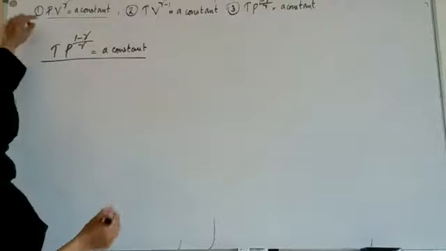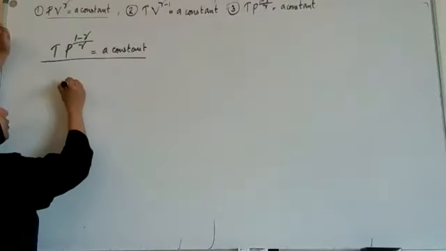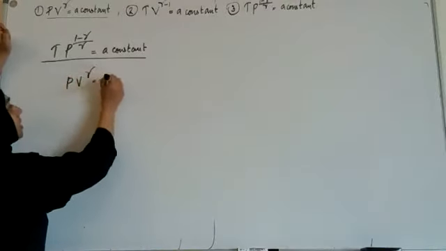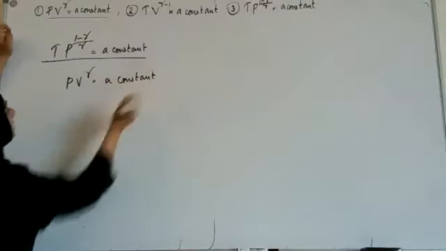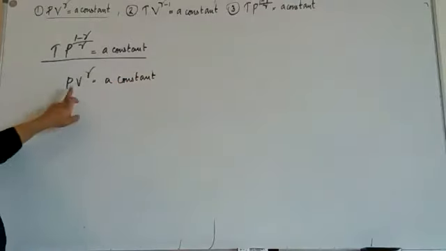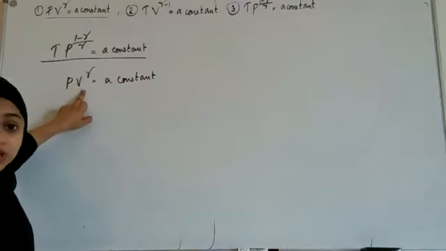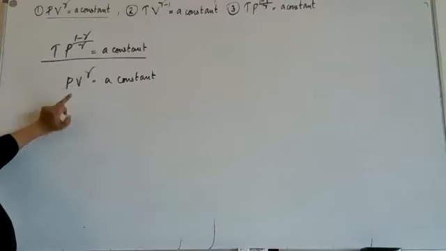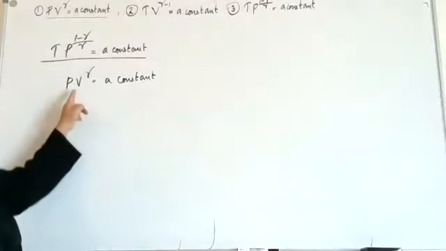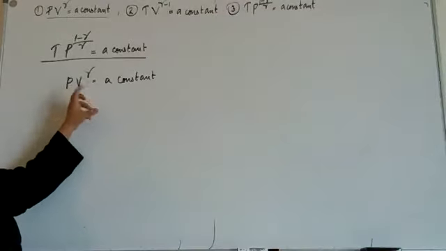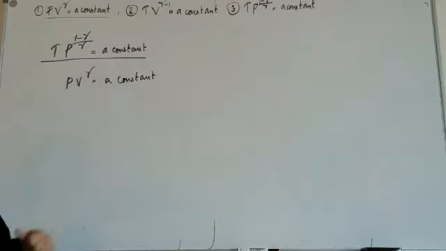So again we start with the first one, that PV raised to gamma equal to a constant. And here in this expression, I don't want volume. I want temperature. So we will again use the ideal gas equation for 1 mole of gas and substitute an expression in terms of temperature instead of volume.